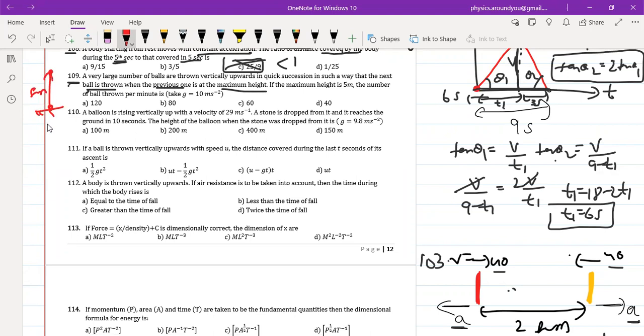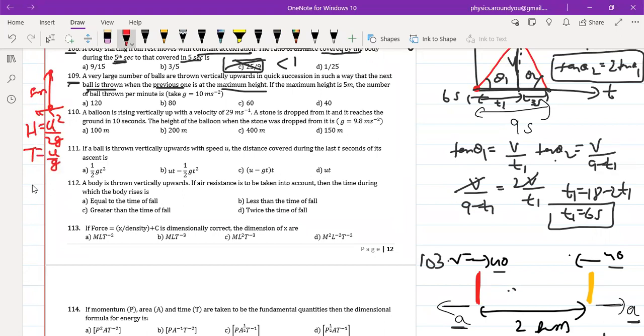So we know this maximum height. What's the relation between maximum height and time to reach maximum height? We shall see this. H is equal to u square by 2g. Maximum height is u square by 2g. And how will you find the time taken to go there? Time taken is simply u by g.